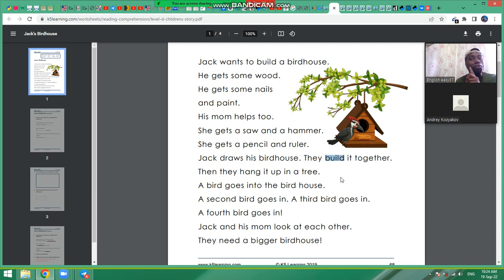You see, it is build, not builds, and it is hang it up, not hangs it up. Then let's come down to the very last one. They: now it is need and not needs.